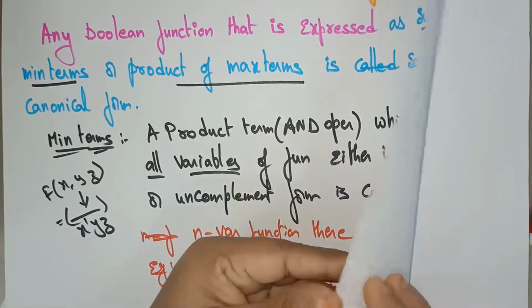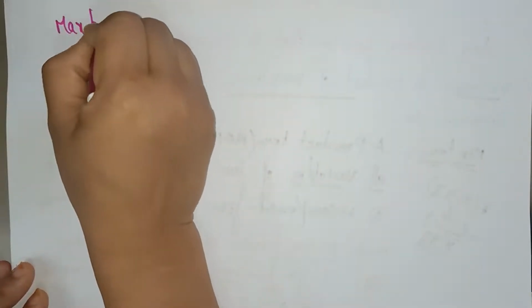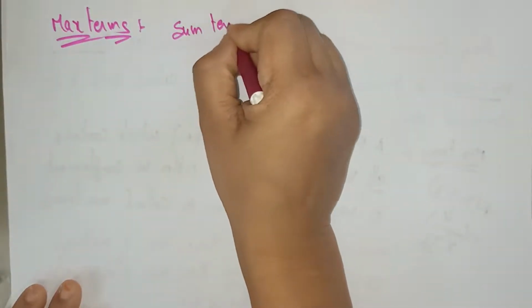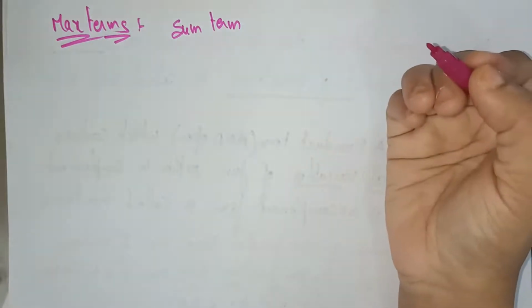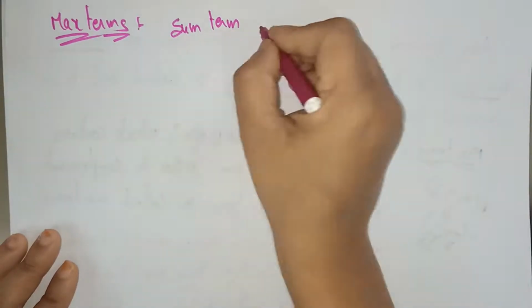Okay, so let's have a look at max terms. Even if you didn't understand, if you see the max term, then you'll get clarity on what is happening here. So what is a max term? In a similar fashion to what we have done in the min term, here we take a sum term which contains all variables of the function either in complement or uncomplement form. Let me write the definition.